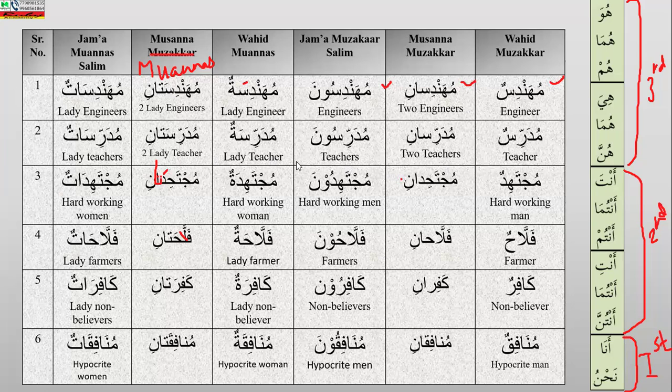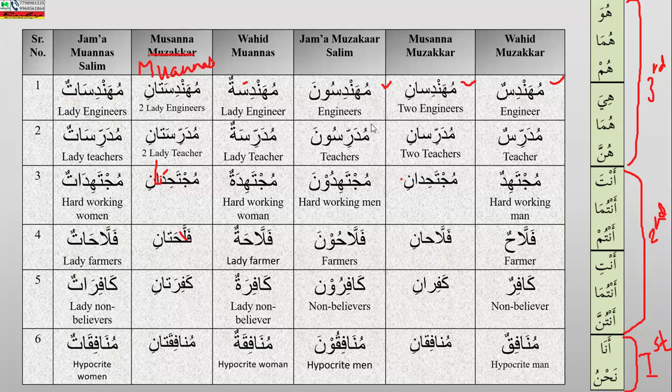Anti mudarrisatun. Antuma mudarrisatani. Antunna mudarrisatun. Ana mudarrisun. Nahnu mudarrisani. Nahnu mudarrisuna. Ana mudarrisatun. Nahnu mudarrisatani. Nahnu mudarrisatun. Yes, well done, sister.